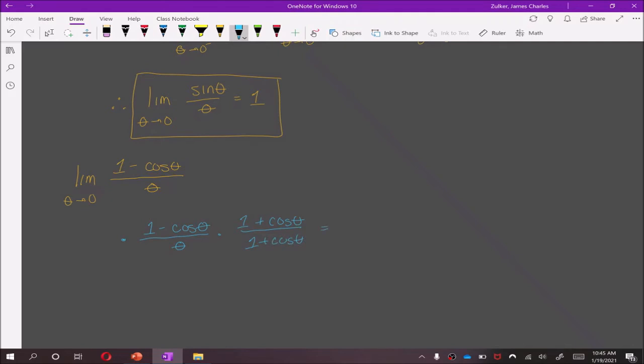Doing this, we now have the formula for difference of squares, so this will become 1 minus cosine squared theta all over theta times 1 plus cosine of theta. Using the Pythagorean identity introduced earlier, we can write 1 minus cosine squared as just sine squared, and so we're left now with this.